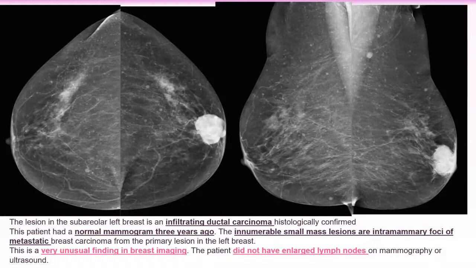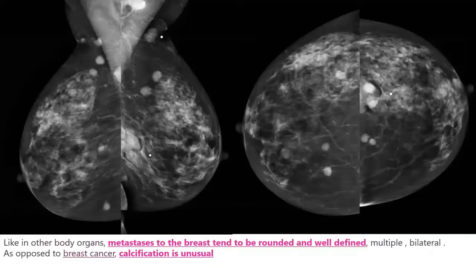The patient has no enlarged lymph node, not only on mammography, where we cannot exclude it, but even on ultrasound there is no axillary lymph node. This is another patient with bilateral metastatic disease.